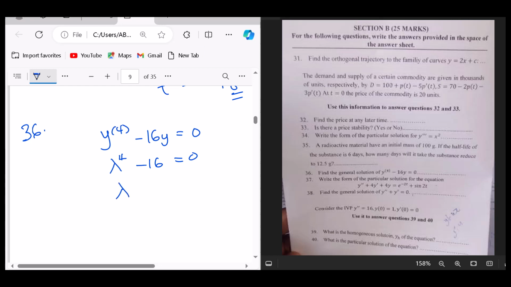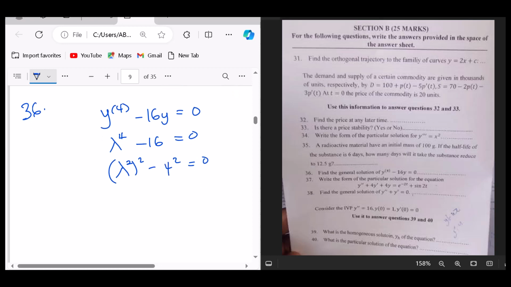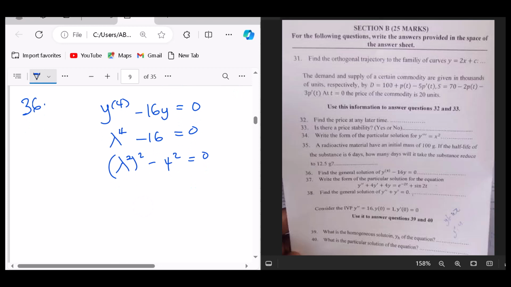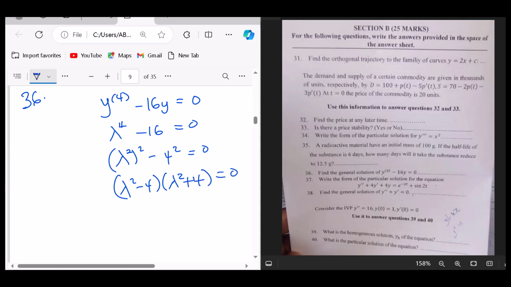This is just lambda squared minus 4 squared equals 0. Solving this, we have lambda squared minus 4 in one bracket and lambda squared plus 4 in another bracket.